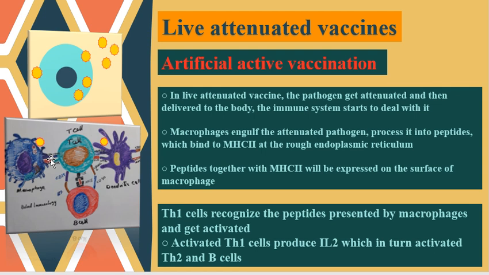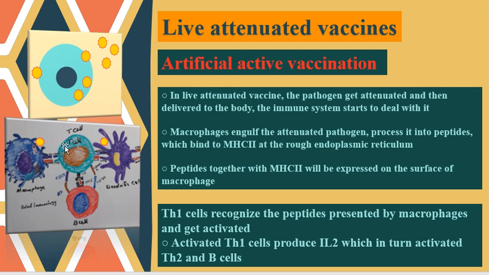Following that, antigen presenting cells, these are the dendritic cells and the macrophages, engulf the attenuated pathogen, process it into peptides which bind to the major histocompatibility class 2 at the rough endoplasmic reticulum. So peptides together with major histocompatibility class 2 will be expressed on the surface of antigen presenting cells, whether it is a dendritic cell or macrophages.